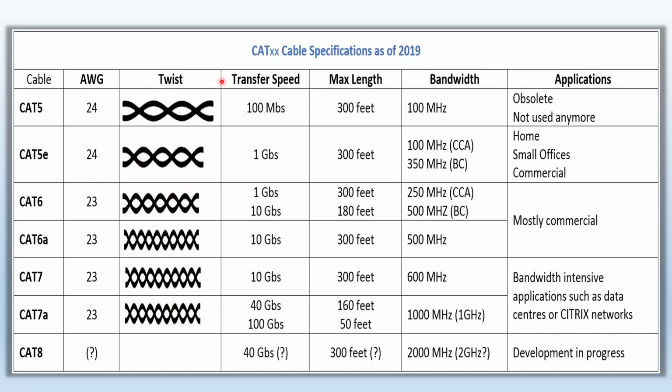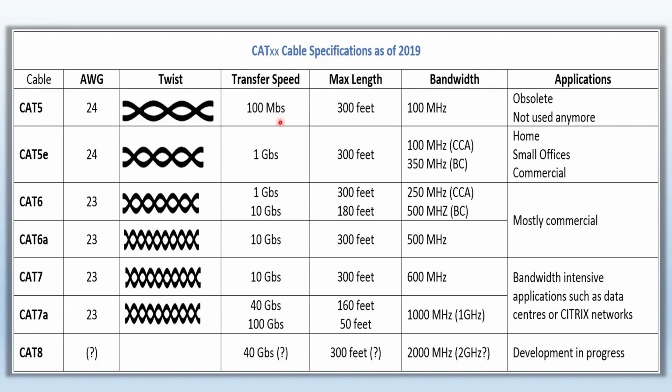And here is transfer speed and the bandwidth. Transfer speed is expressed in bits per second, not bytes per second. Storage is in bytes, but it's not per second, it's just bytes.